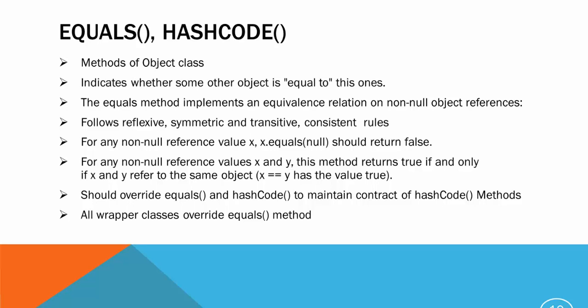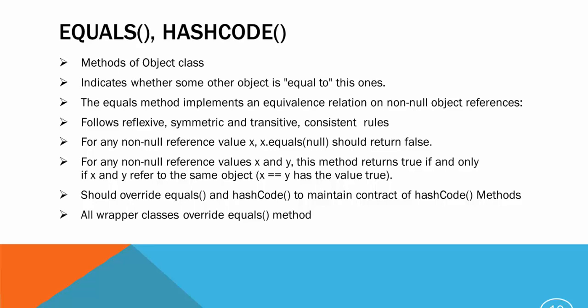So if I say String s is equal to new String Shiv, String s2 is equal to new String Max, and I want to find out s.equals(s1), then it will look for the equals method which is overridden in the String class, and based on the logic of that it will give you the value.